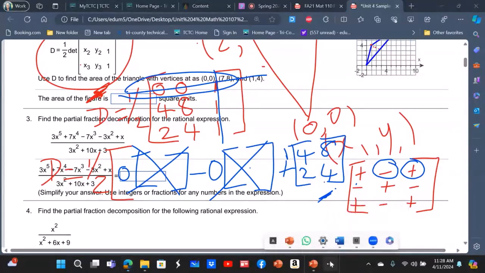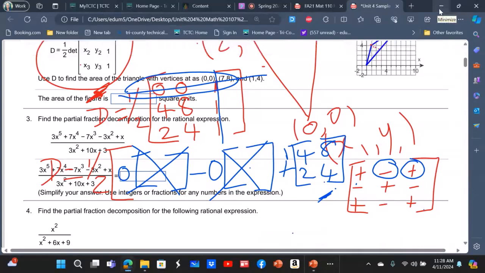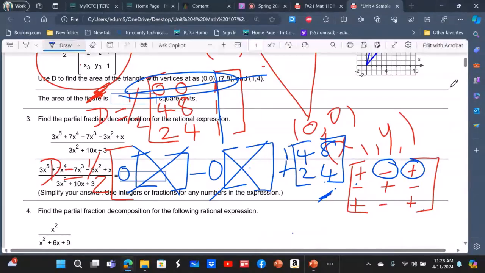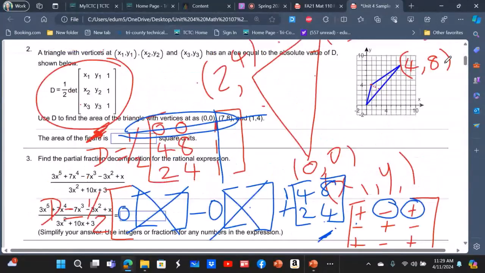Before I pull my calculator up, I want to look over the coordinates again.